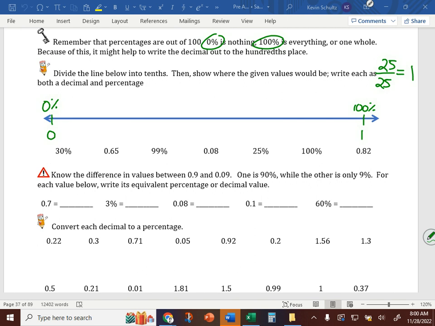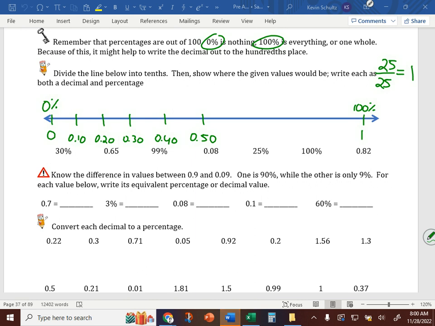So we're going to divide this into tenths here. And so I want you to kind of divide it into half first, okay? Put our 0.50 there. And now we're going to divide this into 10, 20, 30, 40, and 50. So 0.10, 0.20, 0.30, 0.40, and then our 0.50. It can be easier to divide into half first, rather than divide the whole thing into tenths at the same time.